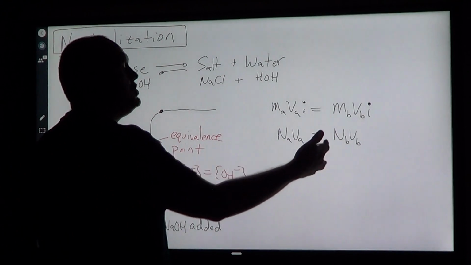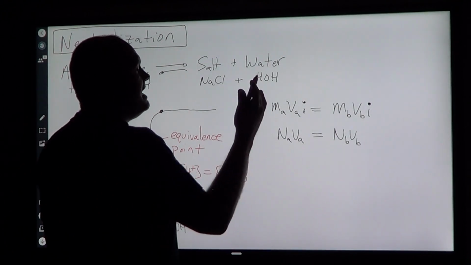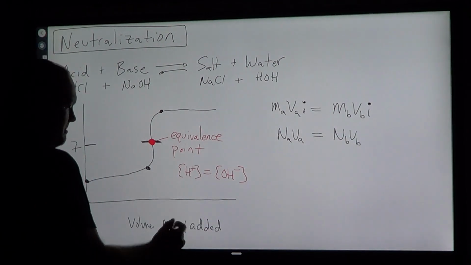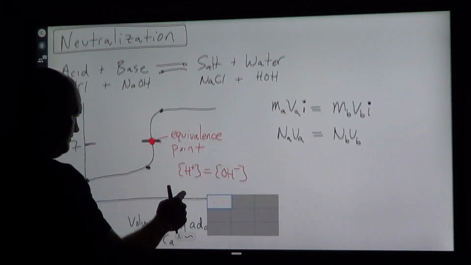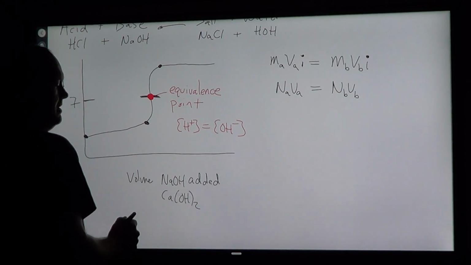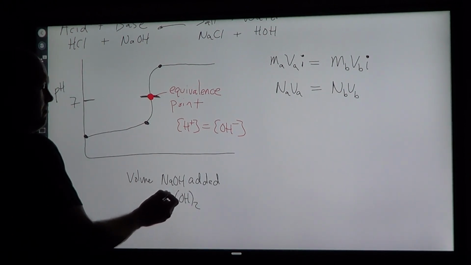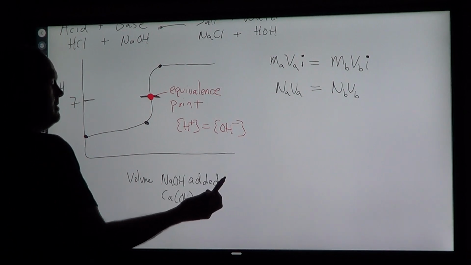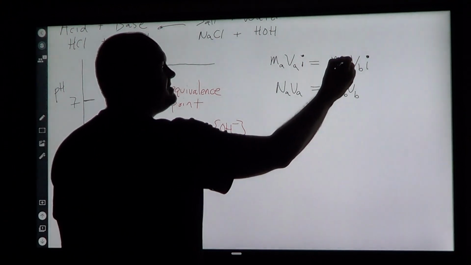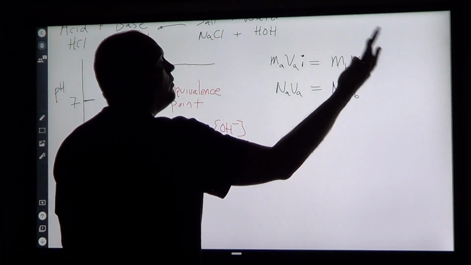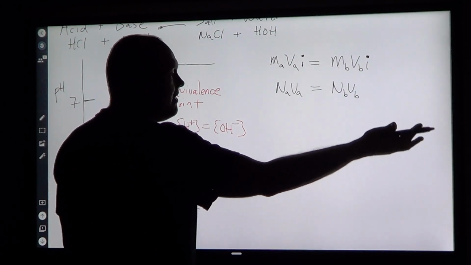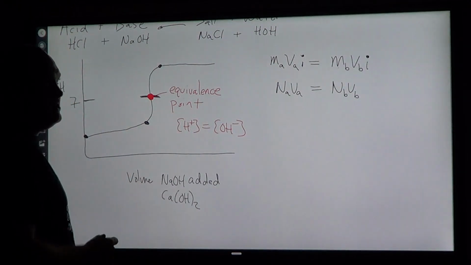I don't care which one you use, you just have to show that if this was calcium hydroxide, for example, if we made a 0.5 molarity calcium hydroxide solution, you would have to do 0.5 times 2, or you can just do the M and the i together and say it's a 1 normality calcium hydroxide solution.